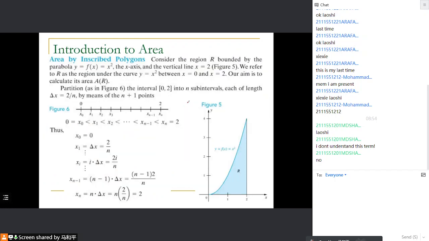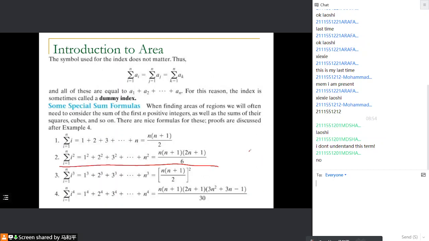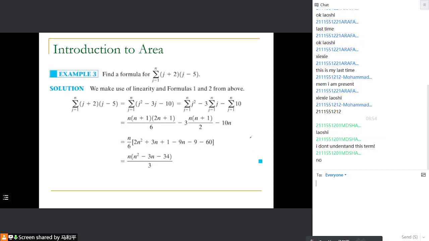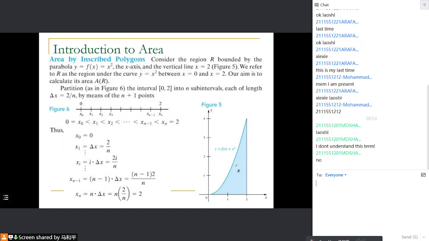It means we want to calculate the area of this region, but we don't have the formula, because we only know how to calculate the area of a triangle and polygons. We know how to calculate the area of rectangles, squares and triangles, but we don't know how to calculate the area of this irregular region.